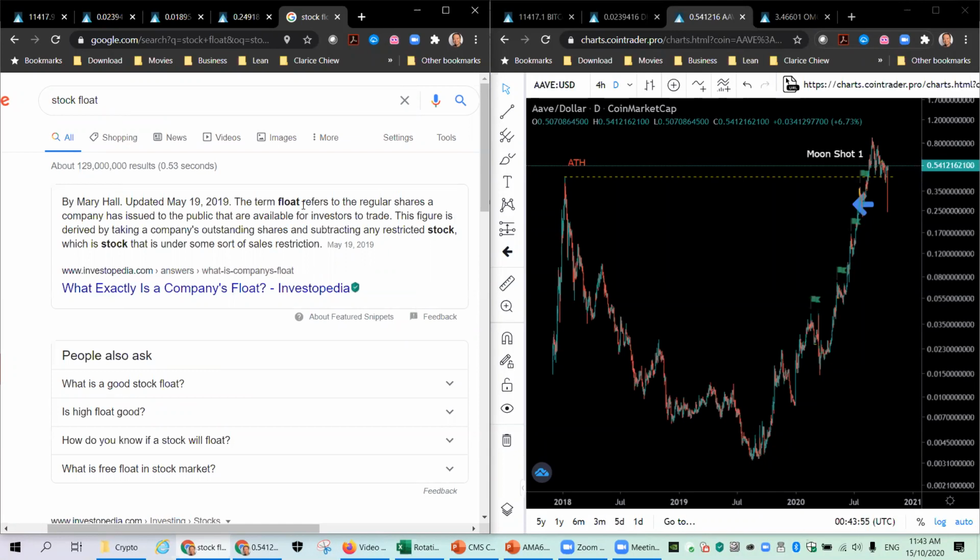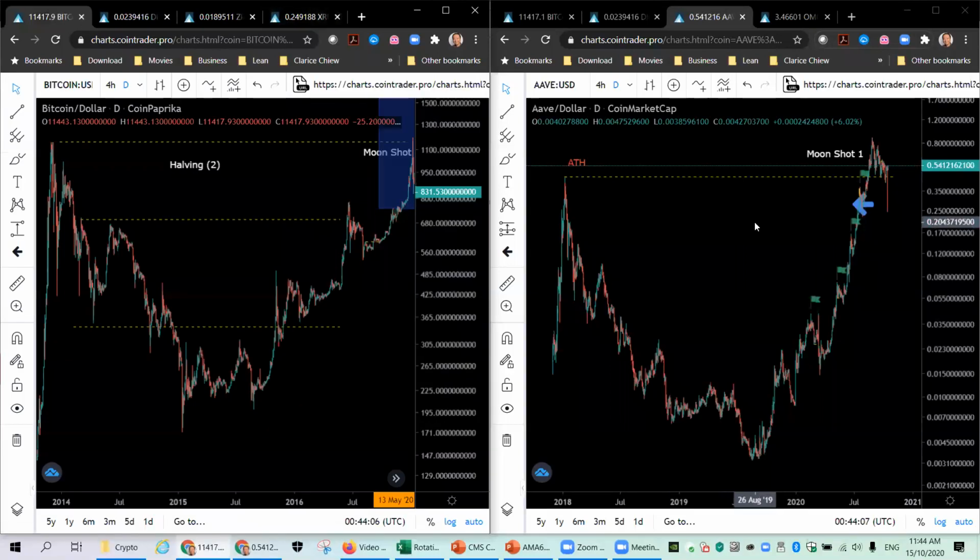So the less float there is, in this case, the less circulation, it's the same idea. The faster the coin's going to move up. So 100-to-1 reduction in circulation, all around there, it's a good thing for AAVE, right?